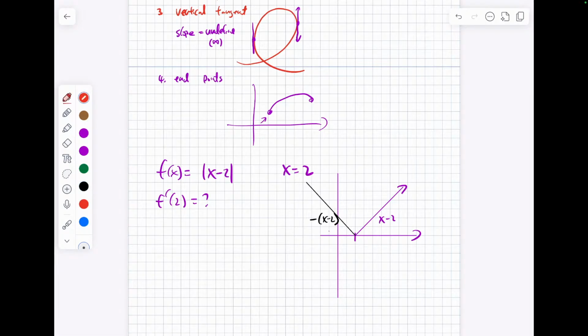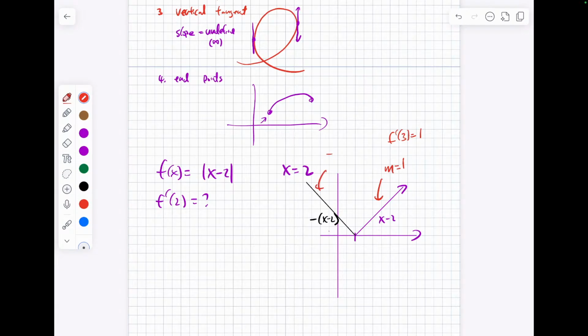On the AP exam, you want to recognize this and figure out the slope. What is the slope of this side? M is equal to what? 1. You can say f prime of 3 is equal to 1. Is that okay? Because you can tell the slope is 1.